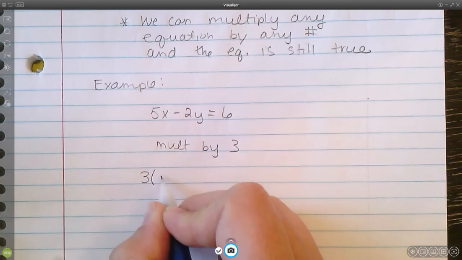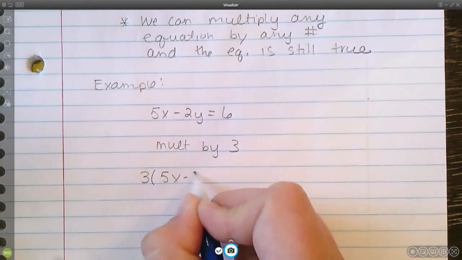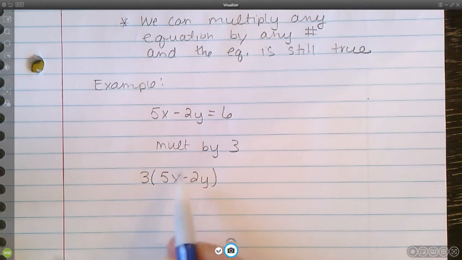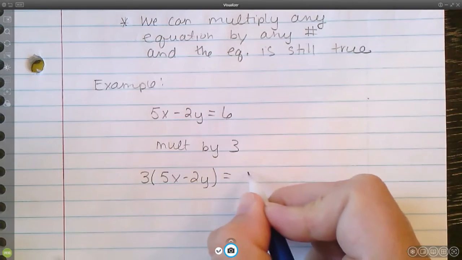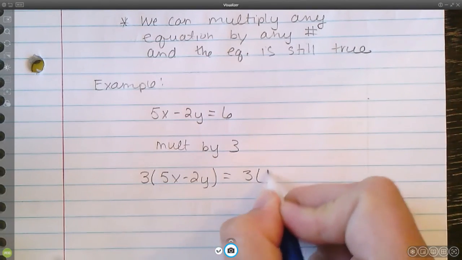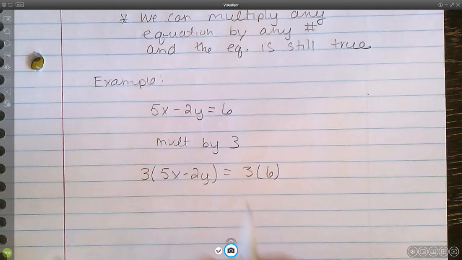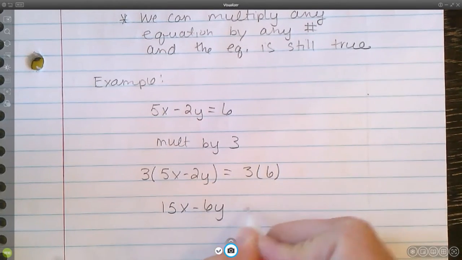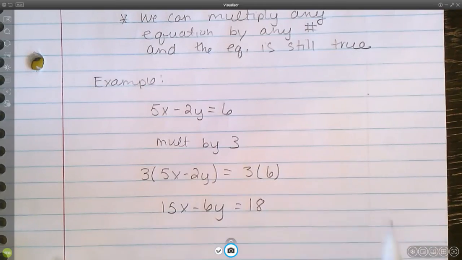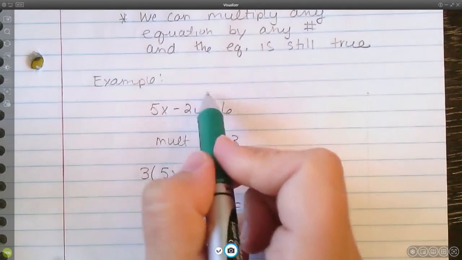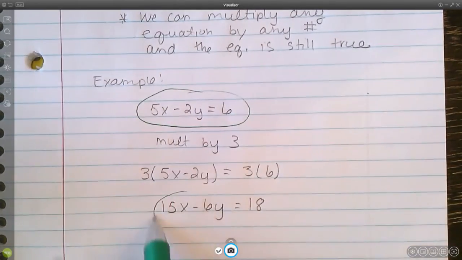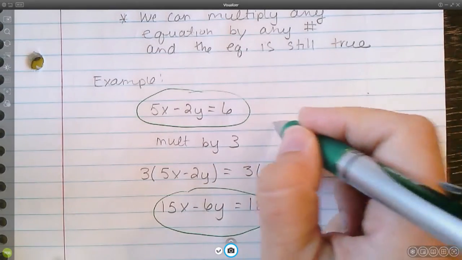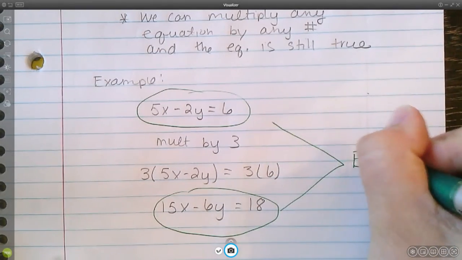We're going to write 3 times 5x minus 2y. We multiplied the left side by 3, and we have to multiply the right side by 3. So then we get 15x minus 6y equals 18. So this and this are exactly the same.